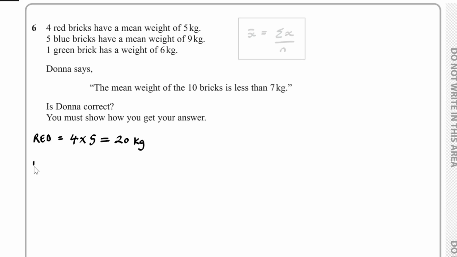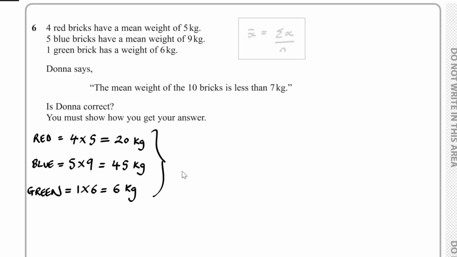For the blue bricks, we have over here 5 times 9, which is 45 kilograms. So all the blue bricks weigh 45 kilograms in total. And for the green bricks, 1 times 6, that's 6. So the green bricks in total weigh 6 kilograms.